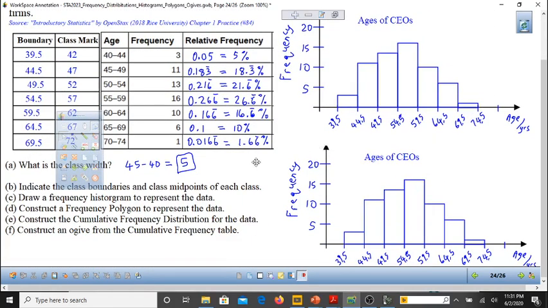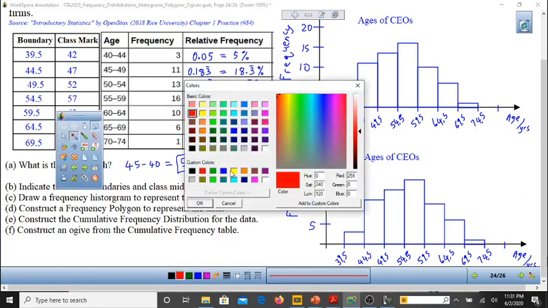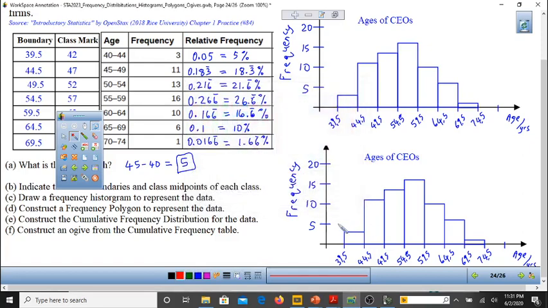Very simple. I am going to mark the midpoints of each class. And I'm going to use a different color here. I'm going to use a red. And let me just start with the red just for the sake of the video. So I put the midpoint in each one. I'm just estimating here, but it's the midpoint of each class.